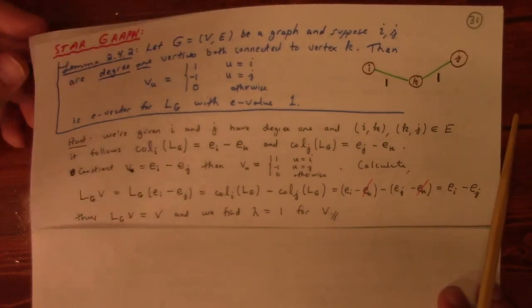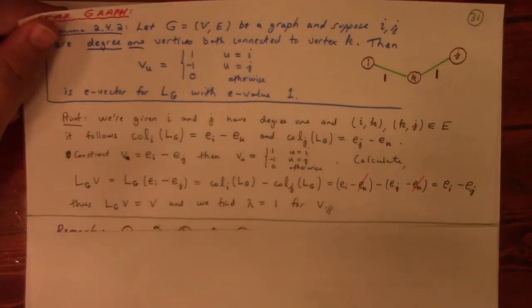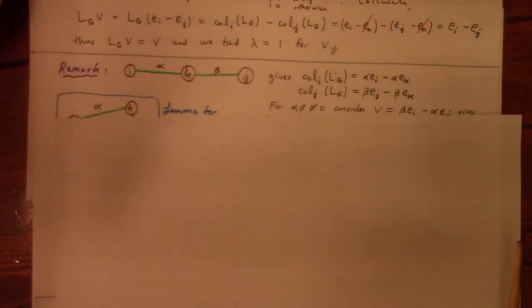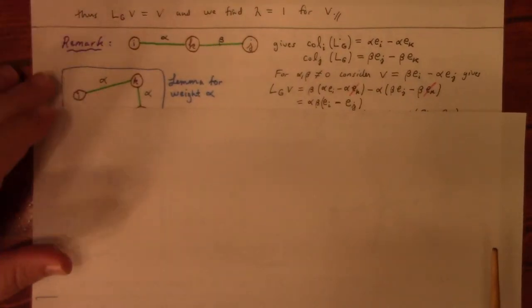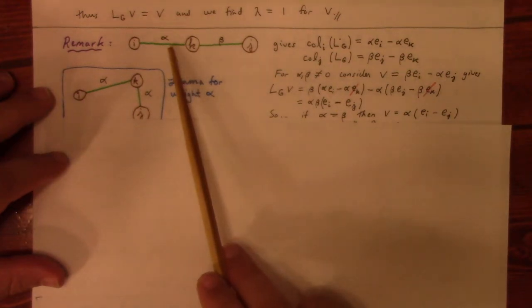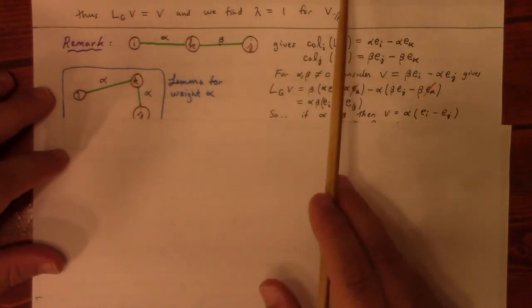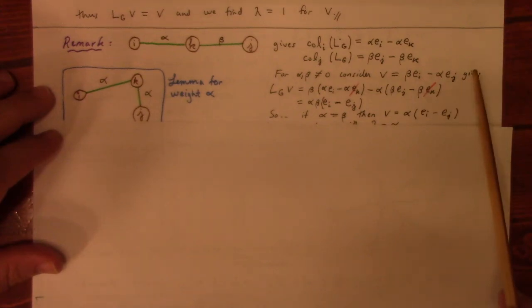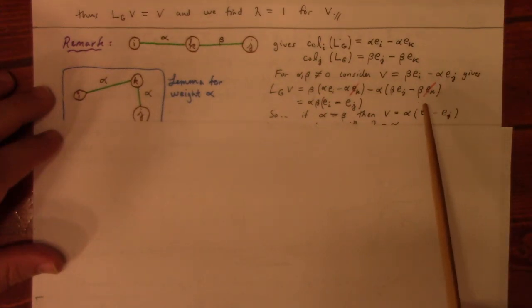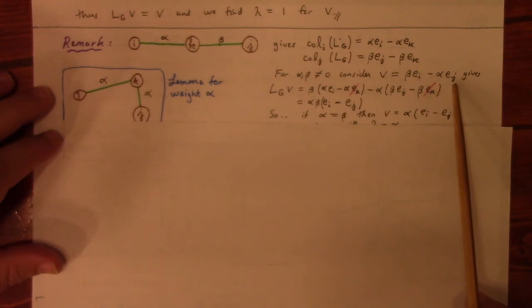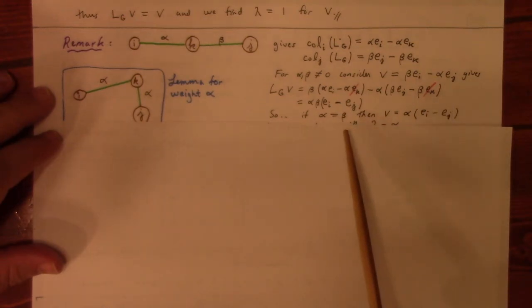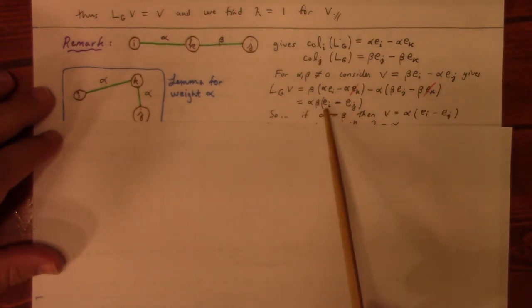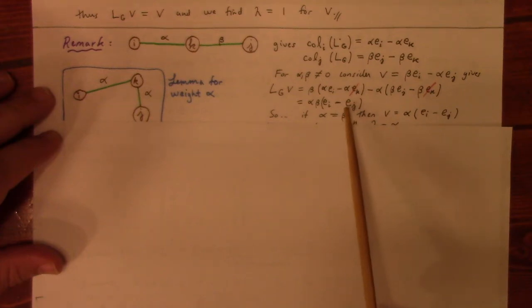And I also noticed that I tried to generalize it, like what if the weights aren't 1? Can we do anything there? Like what if we have weight alpha and weight beta? Could I tweak this argument for that? And I tried. My intuition was to try for beta Ei minus alpha Ej, but when I did that, I got back alpha beta Ei minus Ej, which just didn't quite match what I started with.